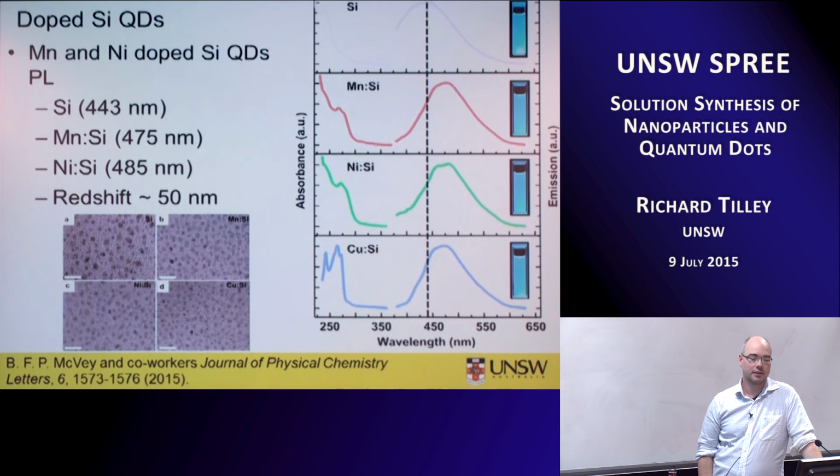So we assumed that the manganese and nickel examples, the metal is probably sitting somewhere close to the surface of the dots. But the copper one did seem to be more stable, so that one might be more internal in terms of the location of the atom. But yeah, it was more by analogous observations.